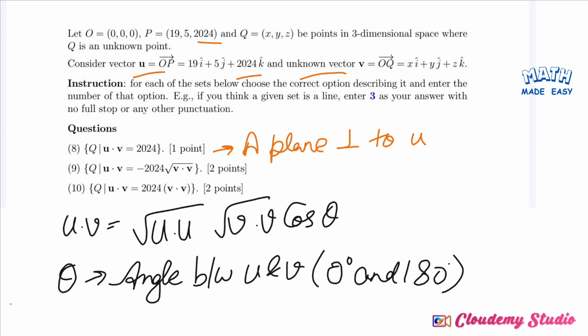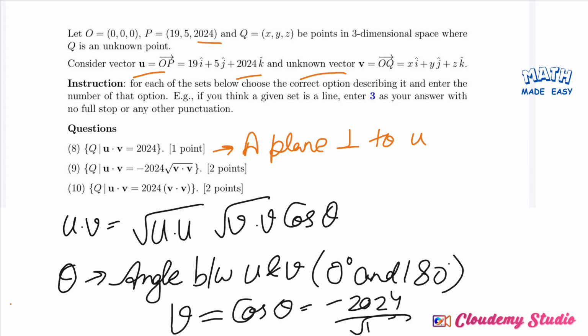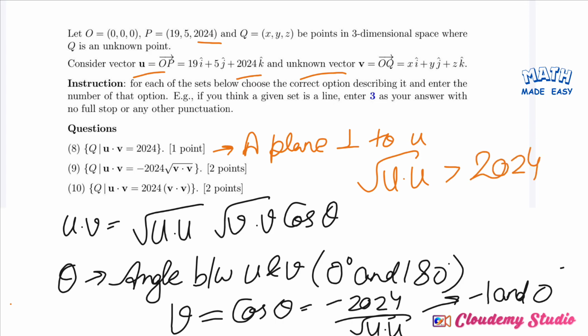So the given condition for non-zero v is cos theta equal to minus 2024 over u dot u, and that is a constant between minus 1 and 0, and we know that u dot u is greater than 2024.